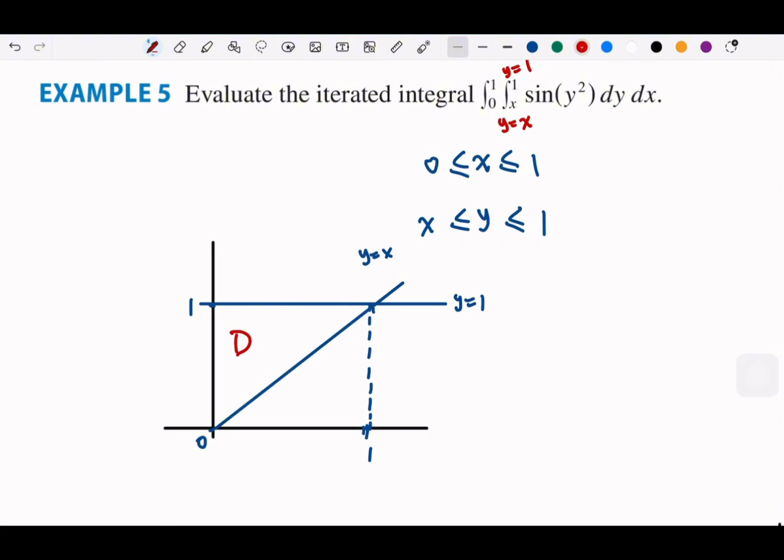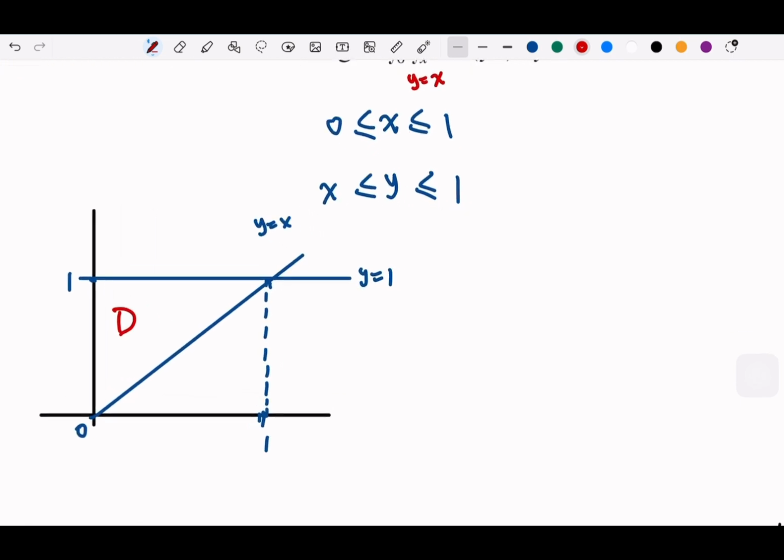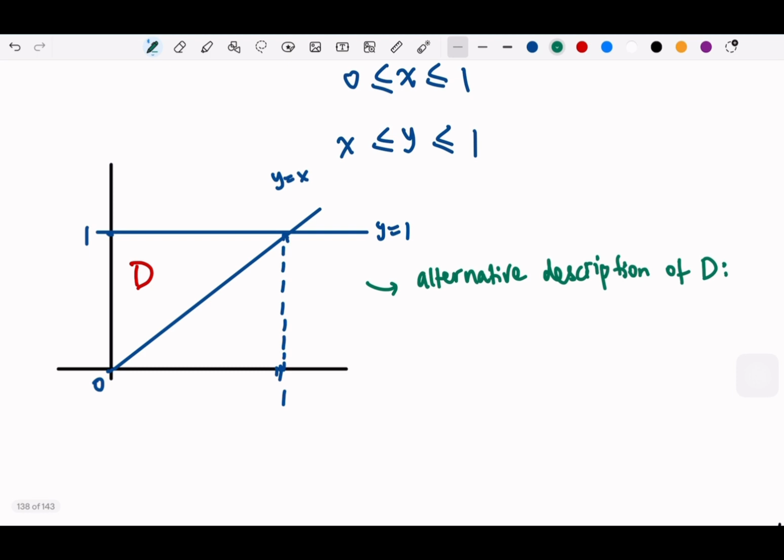So we can write an alternative description of D. If this is a constant, then what will be the x?